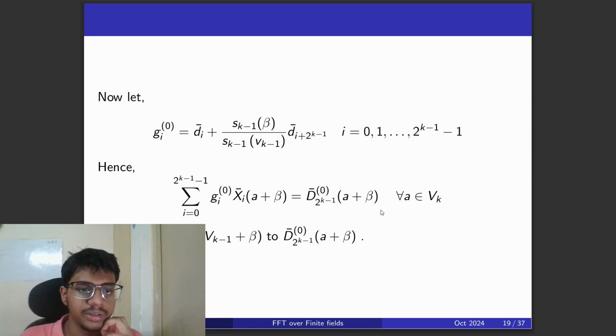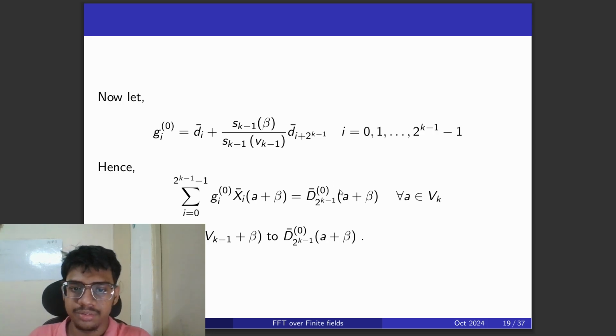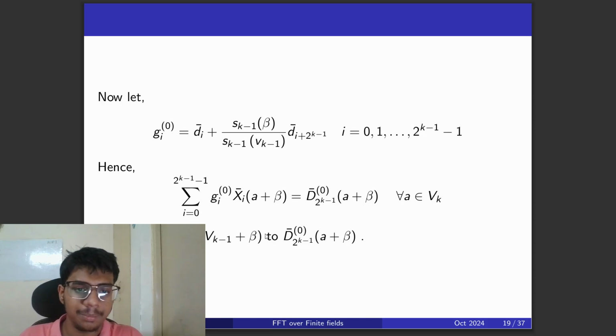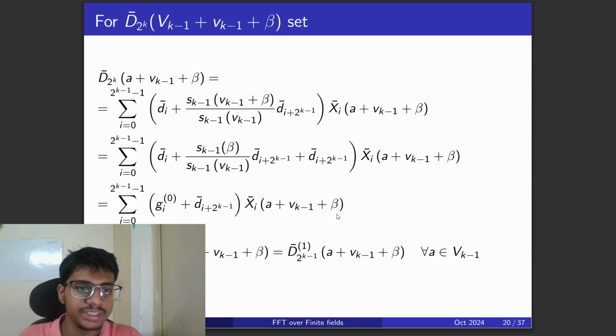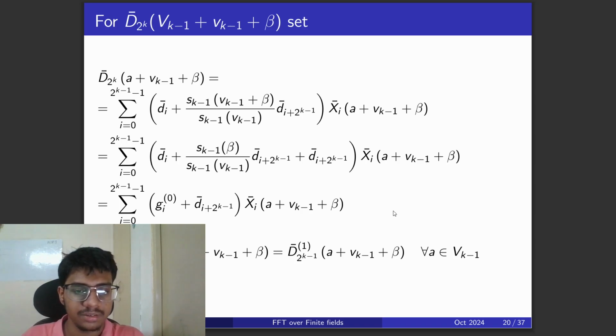And we have got this term as d of 0 over dimension 2 to the power of k minus 1 of a plus beta. Now again, if I have to convert this bk minus 1 plus beta, I will again go through this step. You can read this step and come up with the solution.